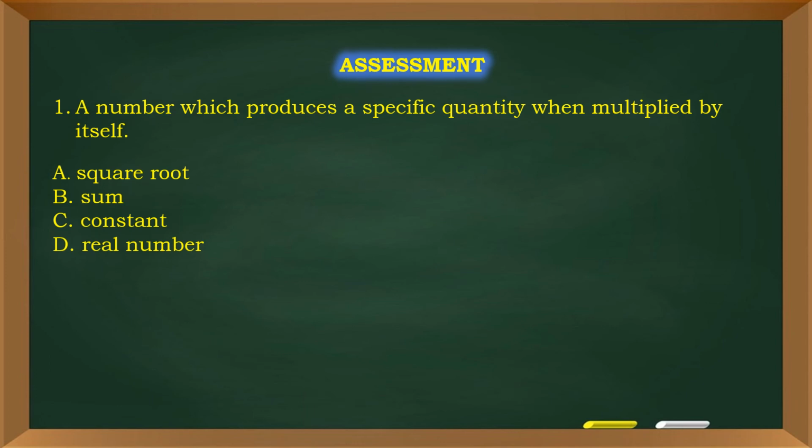Okay, so let's try ourselves here on assessment. A number which produces a specific quantity when multiplied by itself is called what? Imagine a number n is multiplied by itself. It produces a quantity which is n squared. Now, let's do the opposite.